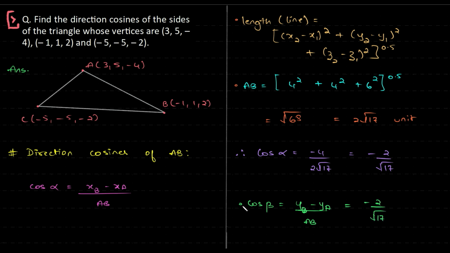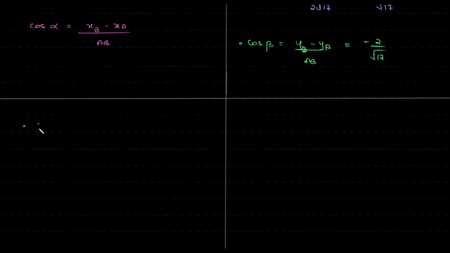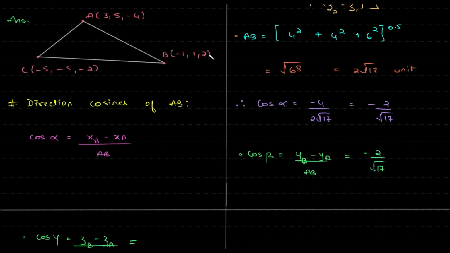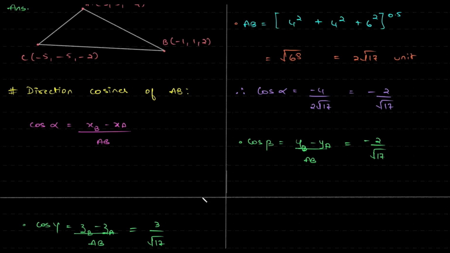Since it's a lengthy question, you need not substitute and show everything. Cos gamma is (zB - zA): 2 - 6 is -6, with 2 root 17 in the denominator, so -3 by root 17.